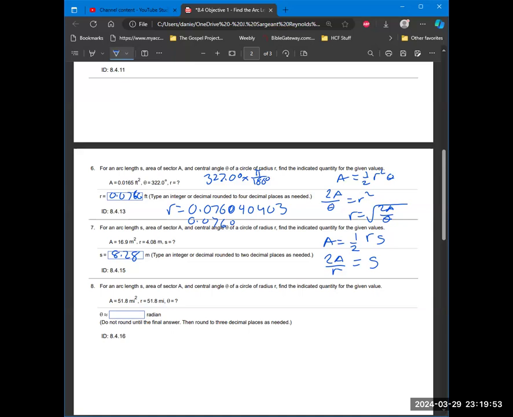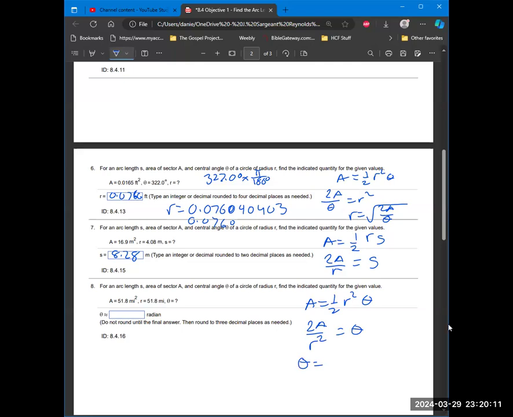And now let's go ahead and find theta given A and r. So A equals 1/2 r squared theta. 2A over r squared is equal to theta.